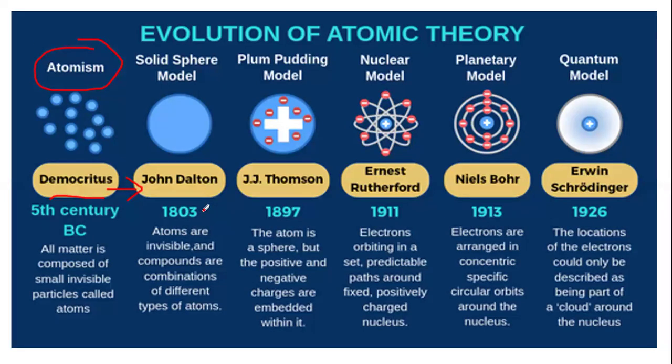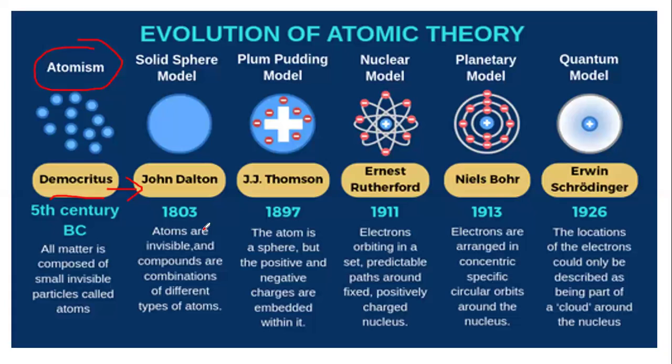Democritus said atoms are the smallest particles, and then John Dalton added on: these atoms are, of course, small, and apart from being the composition of all matter, they are also the composition of compounds.